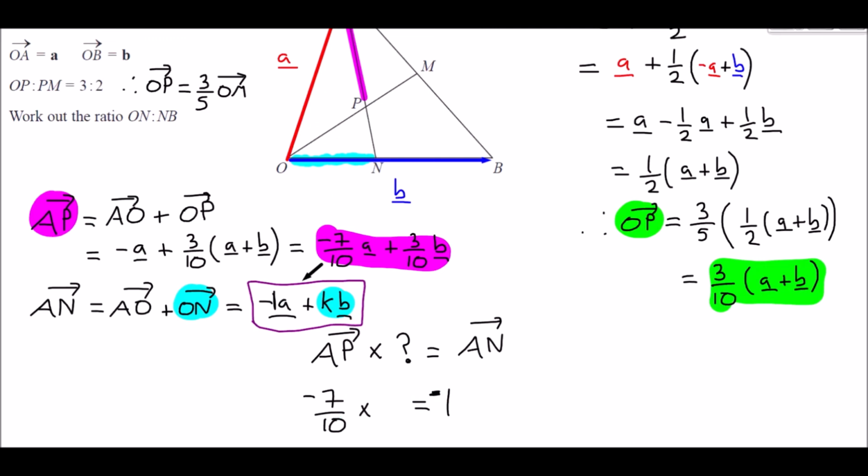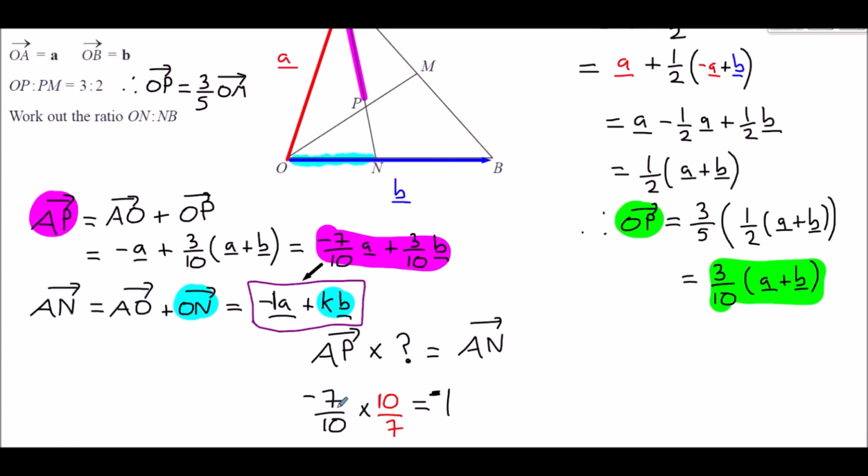So what I need to do here is multiply this 10 on the bottom by a 10 on the top, which gives me minus 7. And then I'd need to divide by 7. So 10 times 10 on the top would cancel, and on the bottom, if I divide by 7, that 7 will cancel with that one.